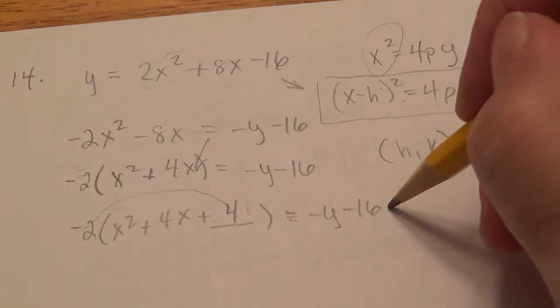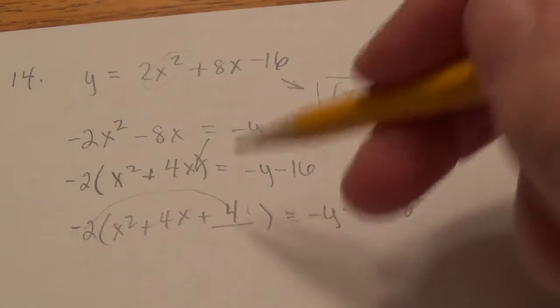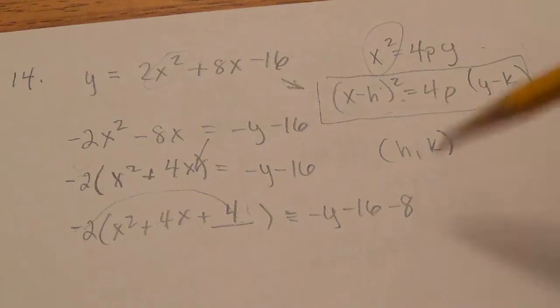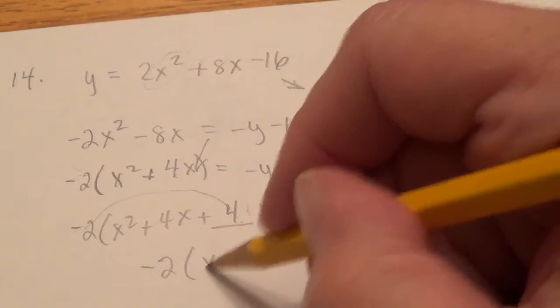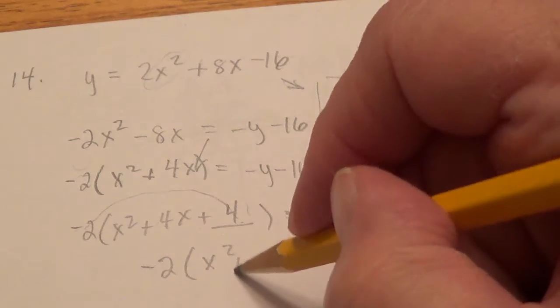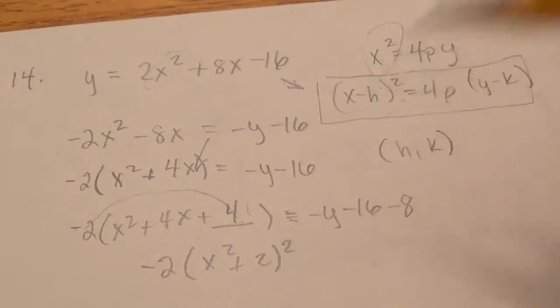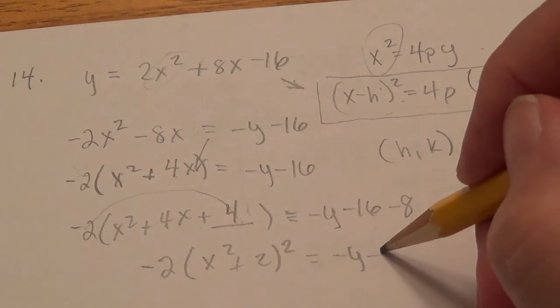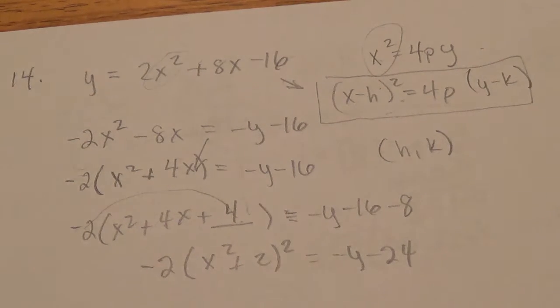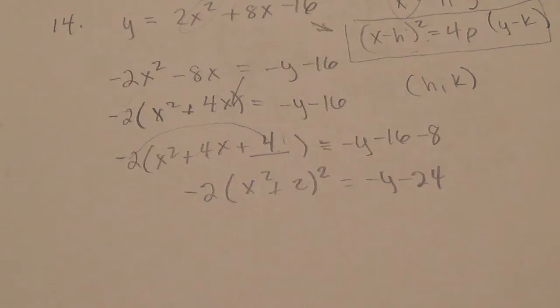So I'm going to subtract 8 over here. If I subtract 8 on this side, I have to do it as well. Now I complete the square. And over here I combine this to get a minus 24. A little large, but hey, I made this one up.